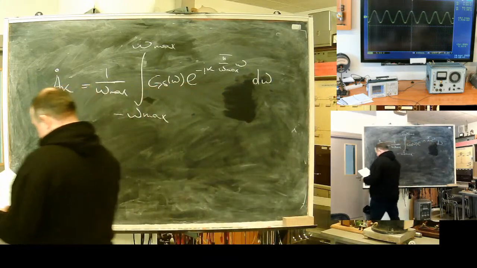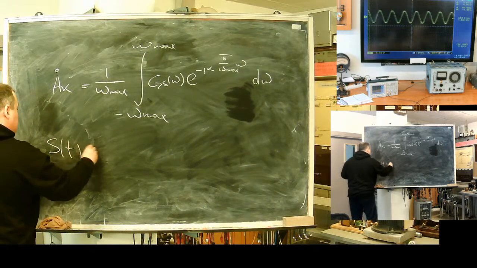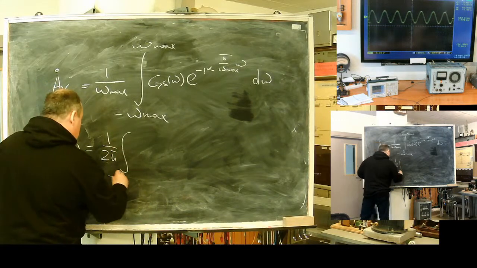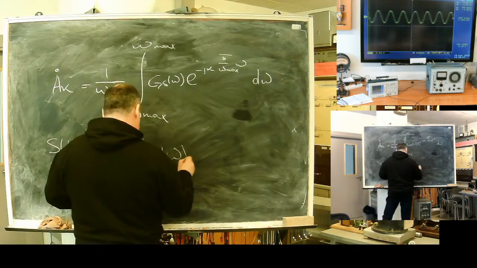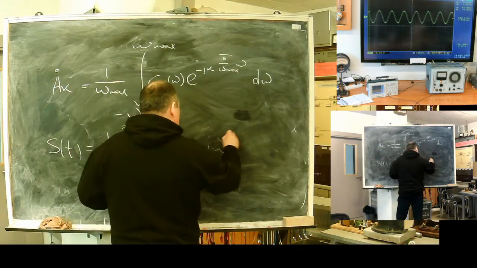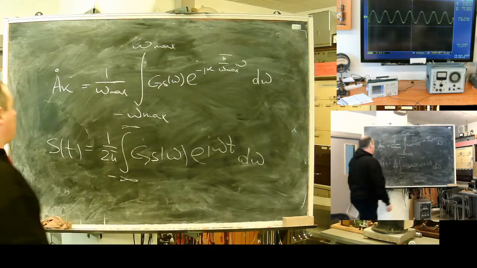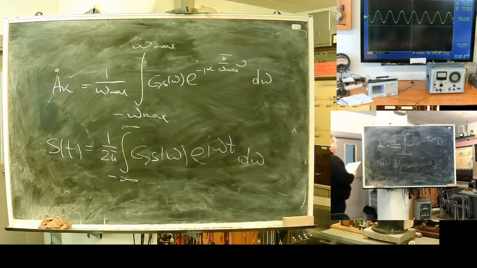I need to compare it to my signal, which was represented as 1 divided by 2 pi, integral from minus infinity to infinity of its spectral function, as a function of frequency, e power j omega t, d omega. We can compare them. You see, we have something common.